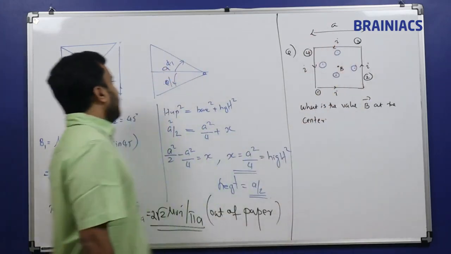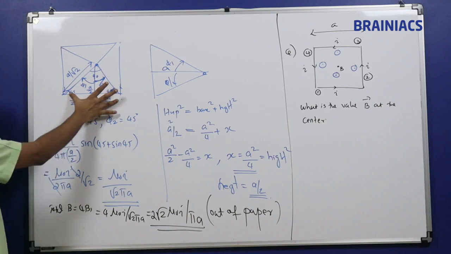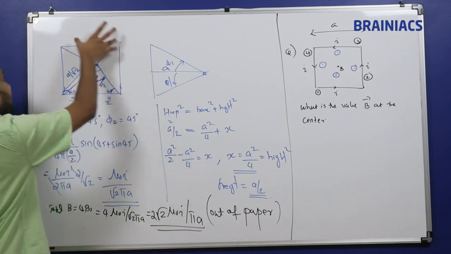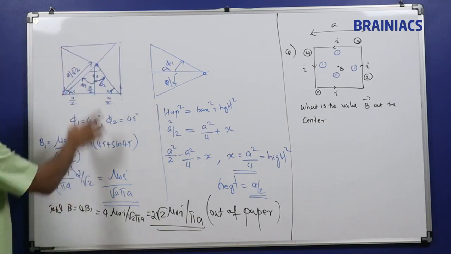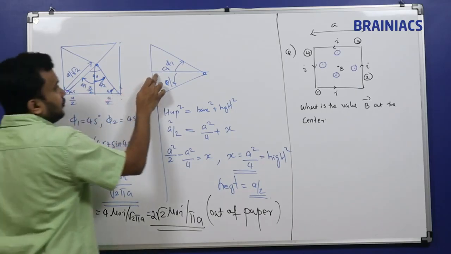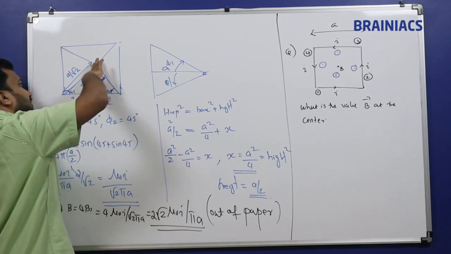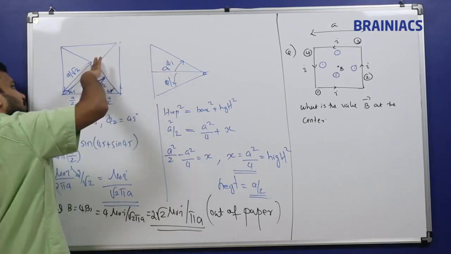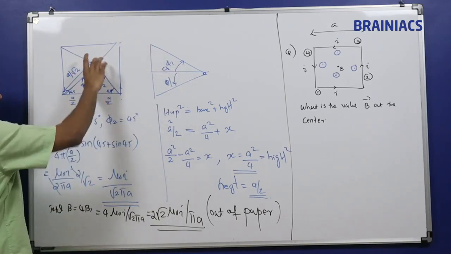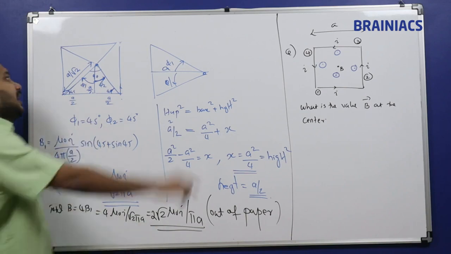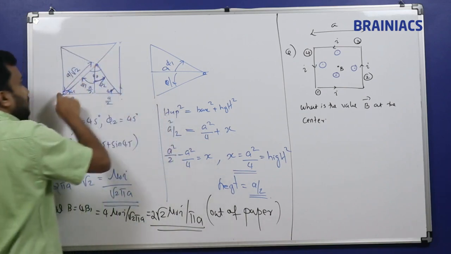4 conductors are given. So we calculate the magnetic field due to one piece, and the second, third and fourth will be the same. For 1, we have applied the formula mu 0 by pi a. So this is the conductor, and from the conductor this is the distance. So this is the same as this one. We find this distance and apply it, and we need the angle from this point to the edges of the conductor.